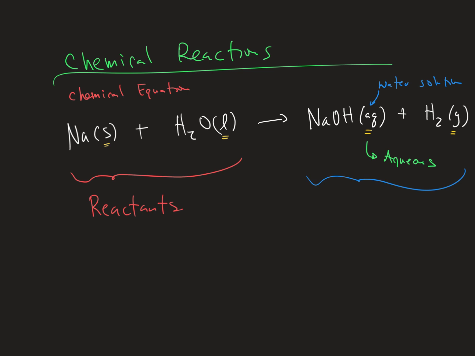The substances on the right side of the arrow, we call products. The reactants react together and they produce the products. Make sense?